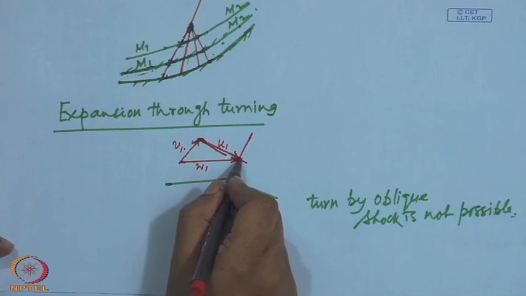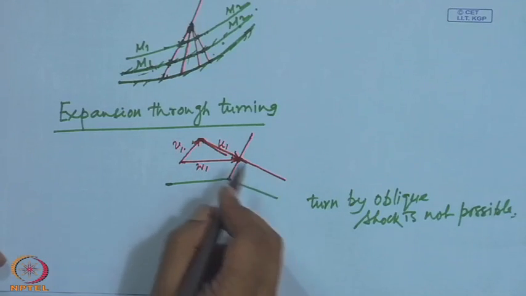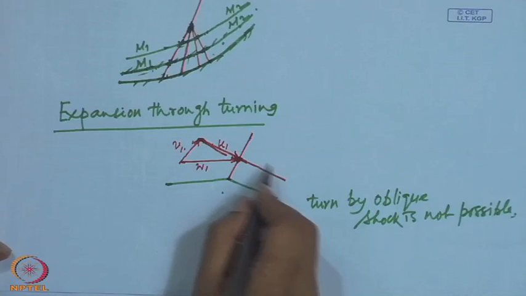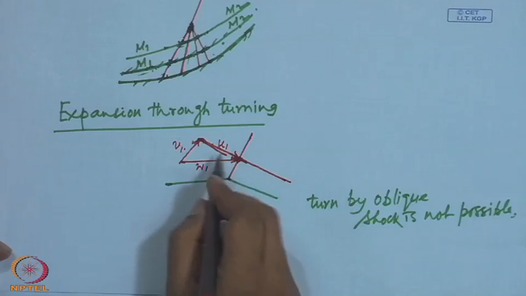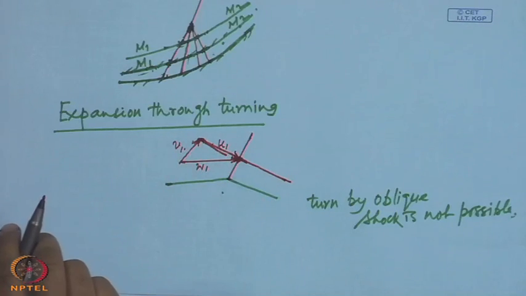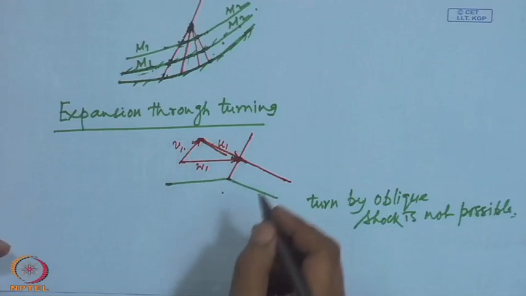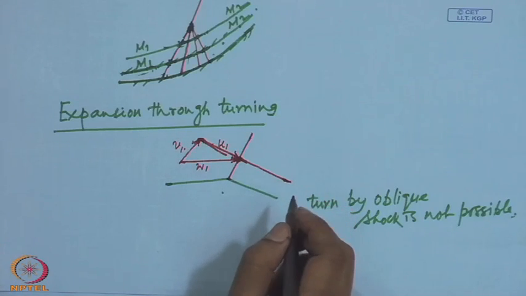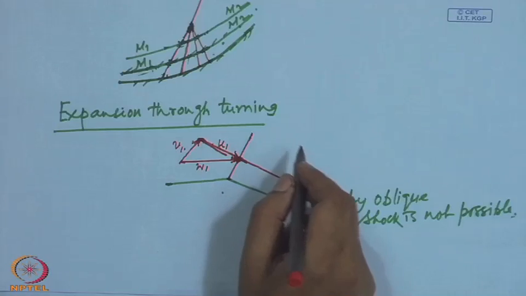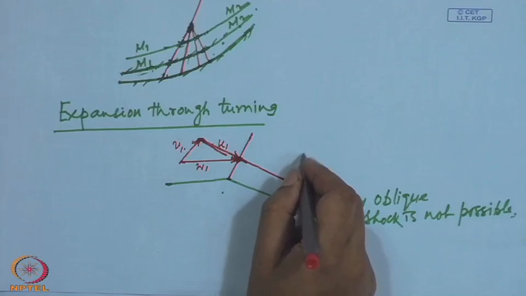Now there will be no change in flow direction of this normal component, and this component V1 will remain unaltered.